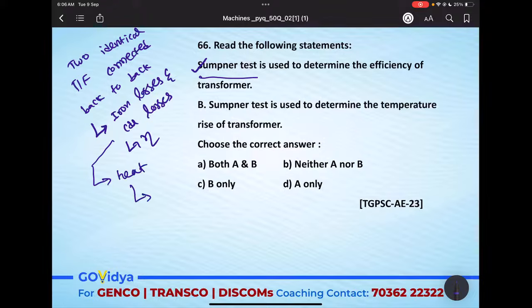We can find out how much heat rise is going to happen in actual because of the iron losses and copper losses at a time. So Sumpner test is helpful for determination of the heat rise of transformer. So both statements are true. Is it clear? So our option will be both A and B.